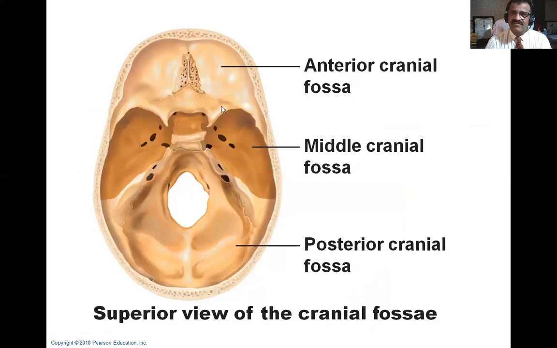This is the anterior cranial fossa, this is the middle cranial fossa, and this is the posterior cranial fossa. So they are paired. They are called cranial fossae because different lobes of the brain are placed in these fossae. For example, anterior lobe, middle lobe, and here not the posterior lobe. Here the cerebellum is located.